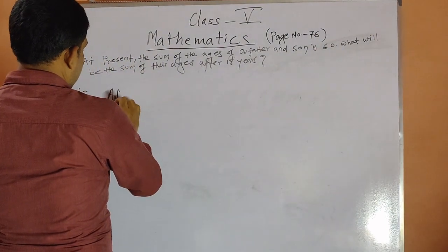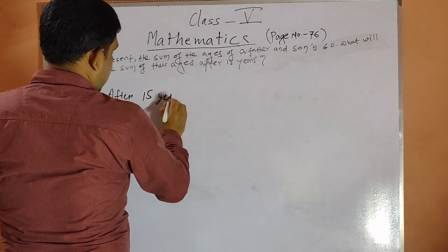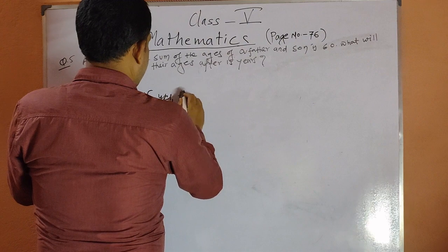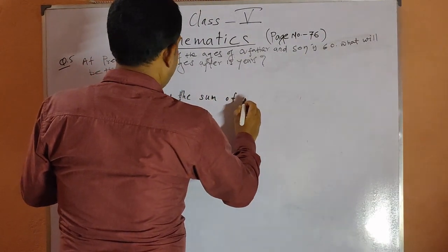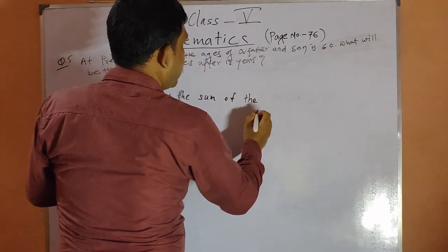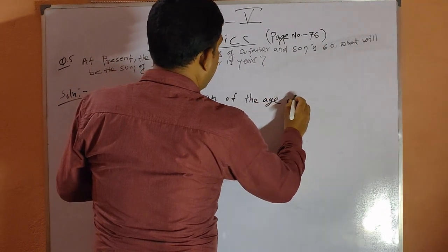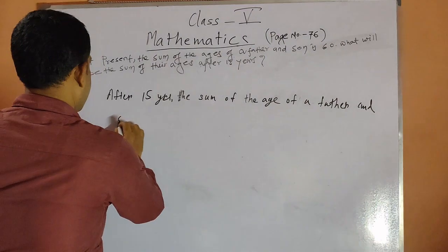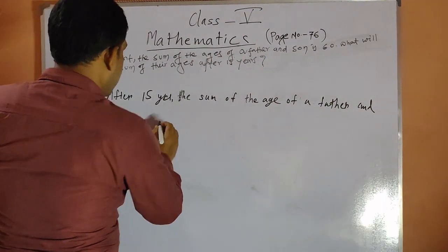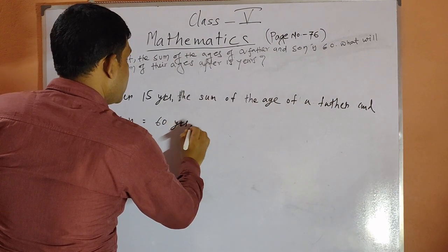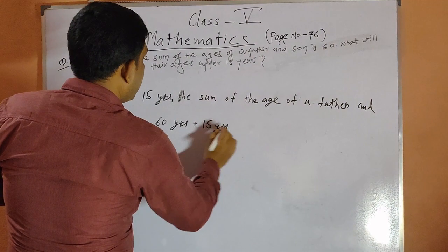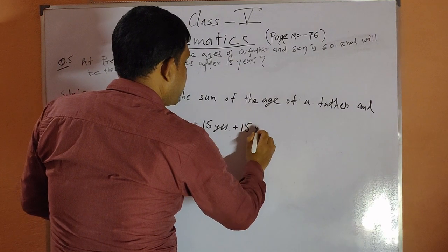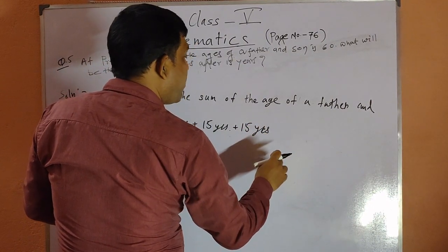After 15 years, the sum of the ages of the father and son is equal to 60 years plus 15 years, the increase in the age of the father, and 15 years, the increase in the age of the son.